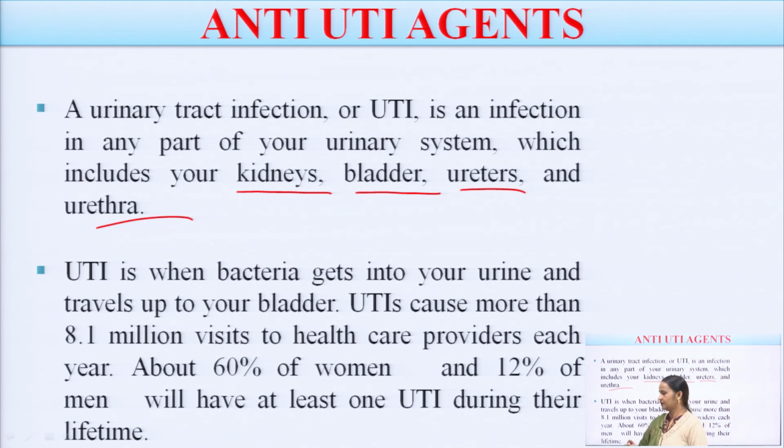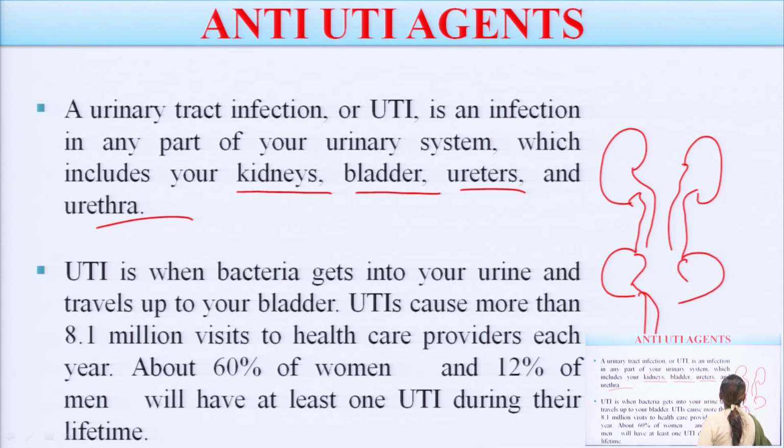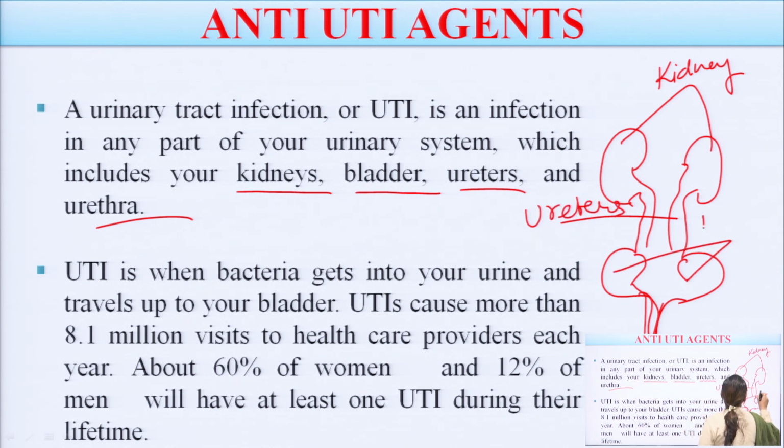Okay. Now, these are the kidneys. This type of structure is there. These are your kidneys, these are the ureters, these are the bladder and this is your urethra.